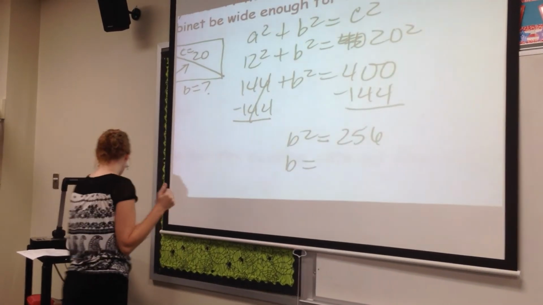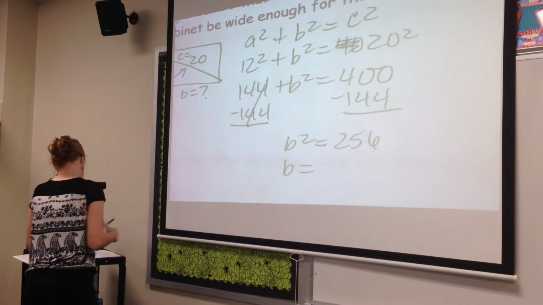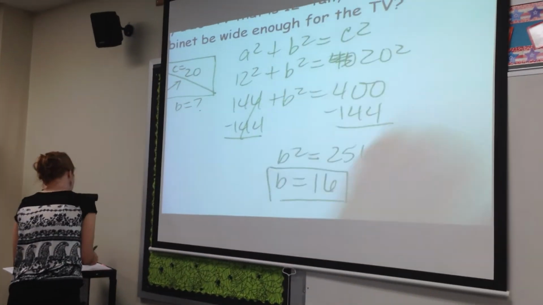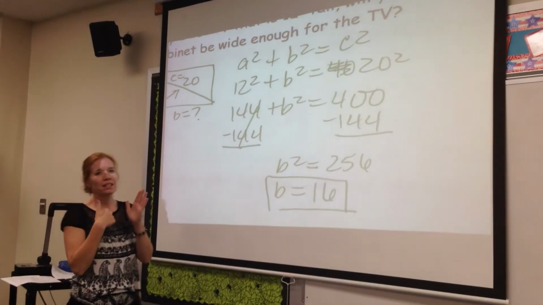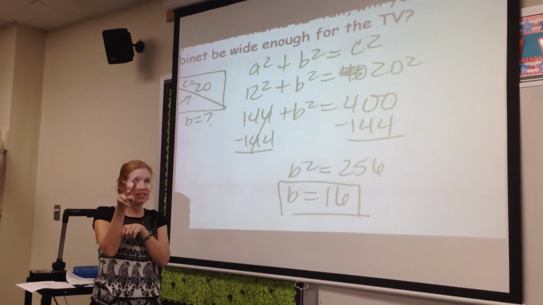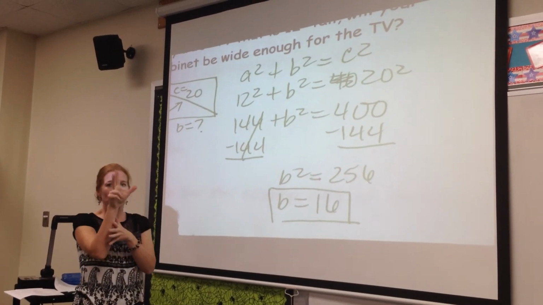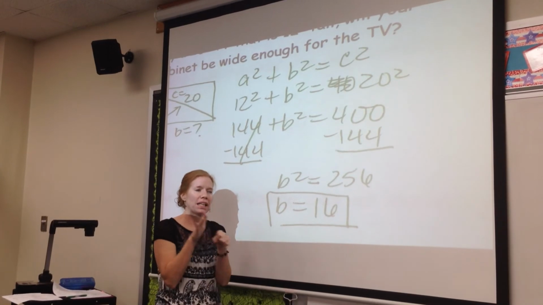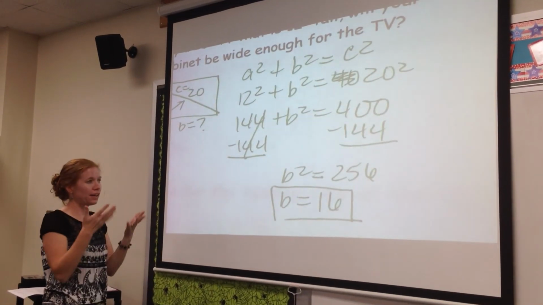B equals 16. So the question had asked me, was that space big enough for the TV? It said it was 30 inches. This is 16. Yep, it's big enough. Okay, we'll write that down, and that's it.